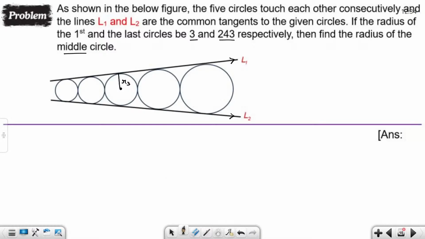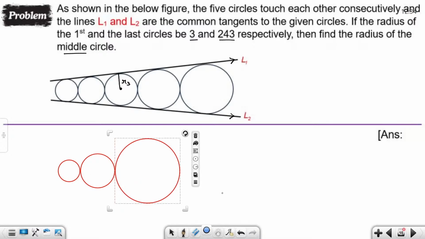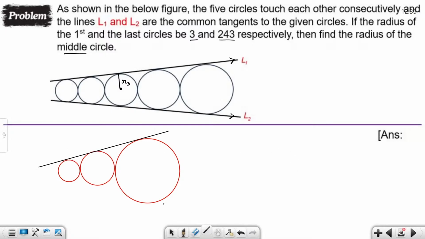So let me do one thing. Let me first take 3 of the given circles. The first circle is this. The second circle is this. And the third circle is this, let us say. And we have a common tangent. And let me draw the second tangent.